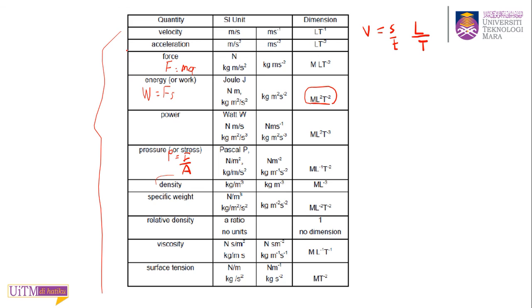These are the very common parameters: velocity, acceleration, force, energy, power, pressure, density, specific weight, relative density, not density, and viscosity. This is given to you in this note. You can refer to it, but in the exam we are not given this. This is only for learning purposes, not for use in the exam. So you need to understand how to find the primary dimension for each of these quantities.